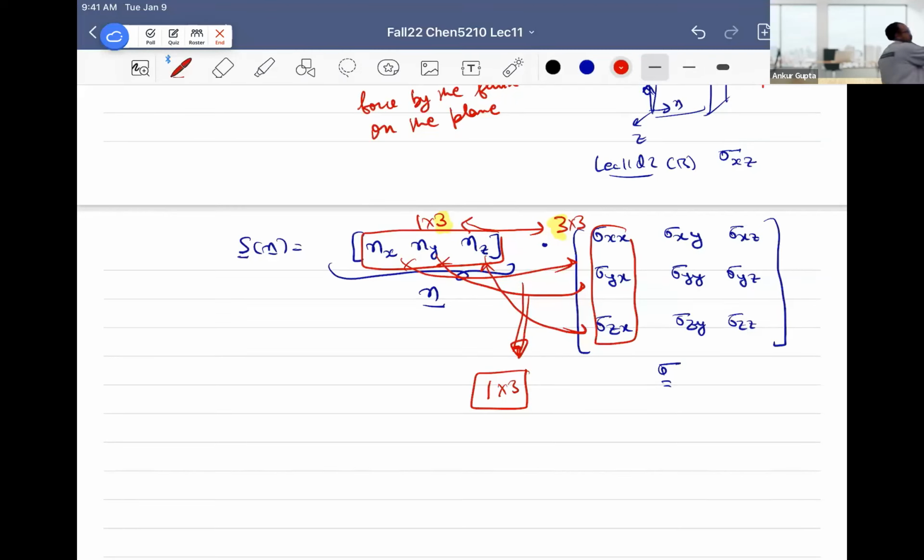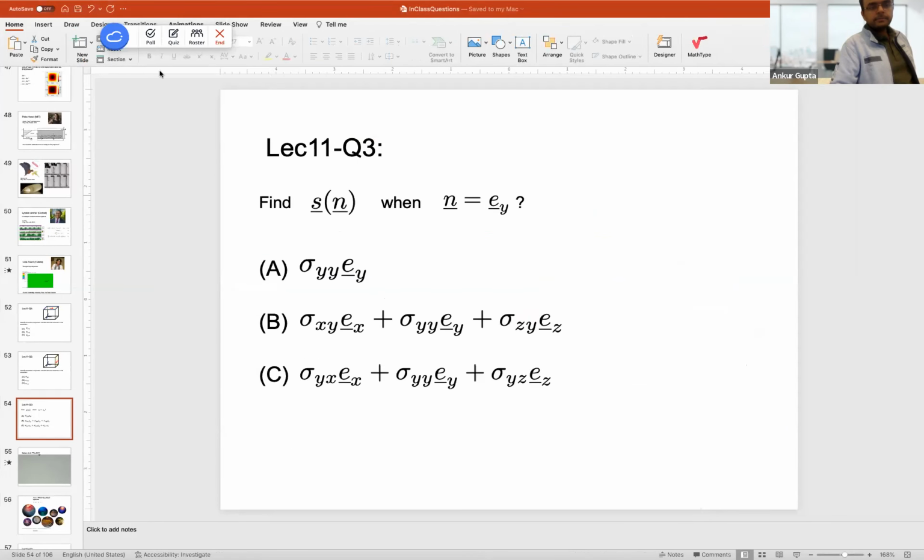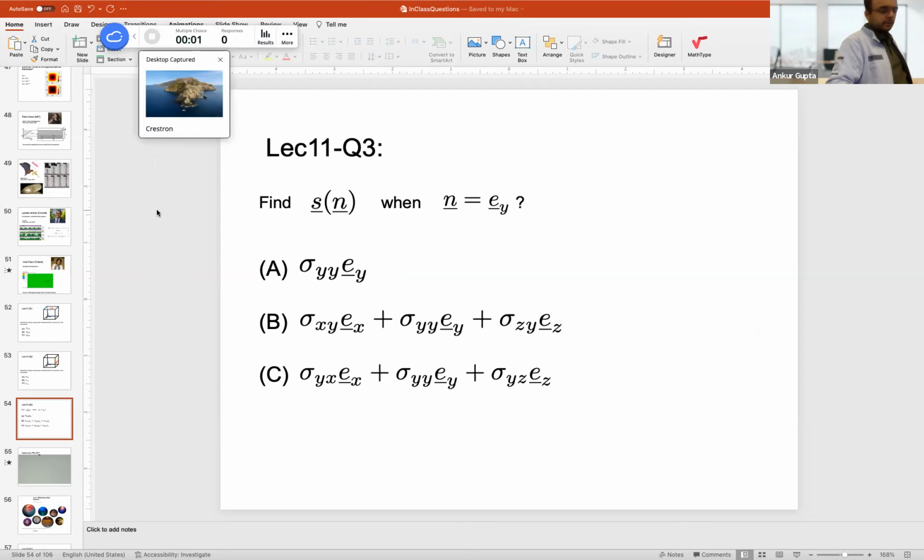So let's do this for a simple case. I don't want you to do the full general case. I'll give you 2 minutes or so. Why don't you find Sn when n is equal to ey? Just do a matrix multiplication, and I'll give you a couple of minutes. Take your time, and we'll discuss how to think of this when n is equal to ey. What do you think will come out to be?